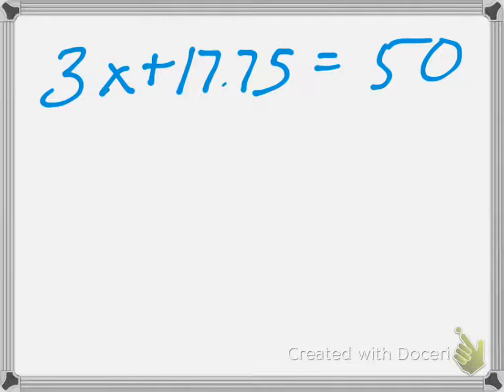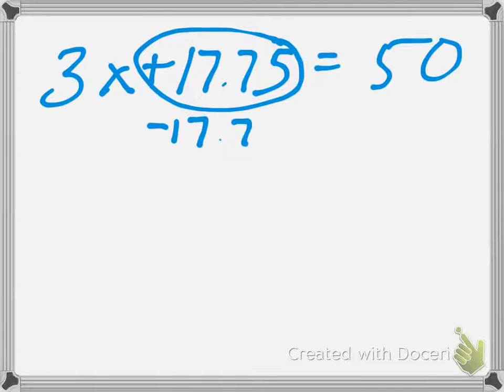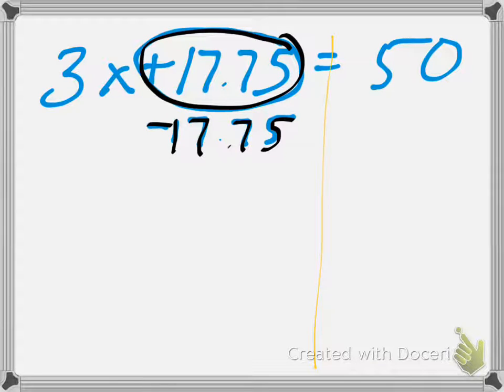Now if we have the equation, we can go ahead and start to solve it. First of all, we're going to get rid of plus $17.75, and we do that by subtracting $17.75 from both sides. We want to get rid of this, so we subtract, and whatever we do to one side, we do to the other.